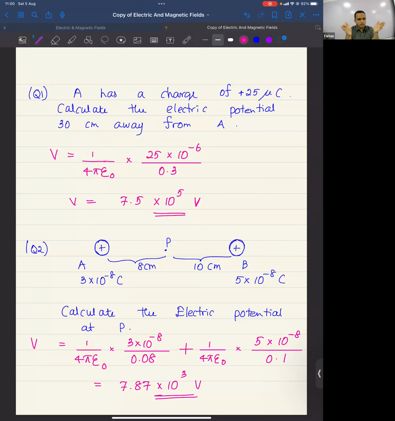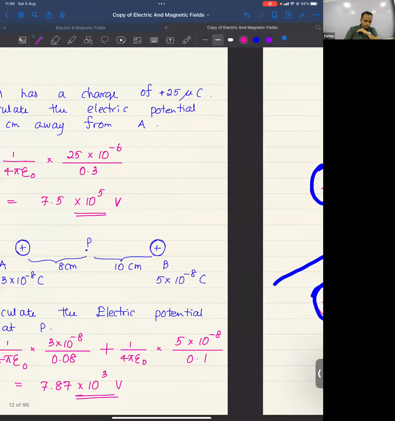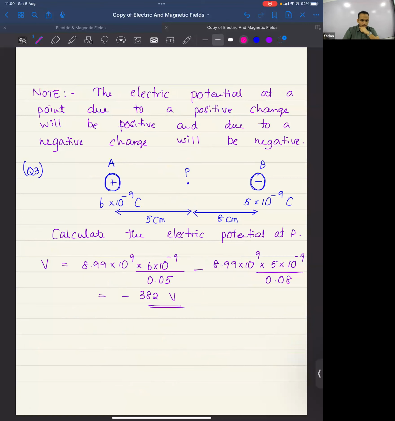Around a positive charge, the electric potential is positive. Around a negative charge, the electric potential is negative. Let's write down the next question. Question 3. No, make a note there.